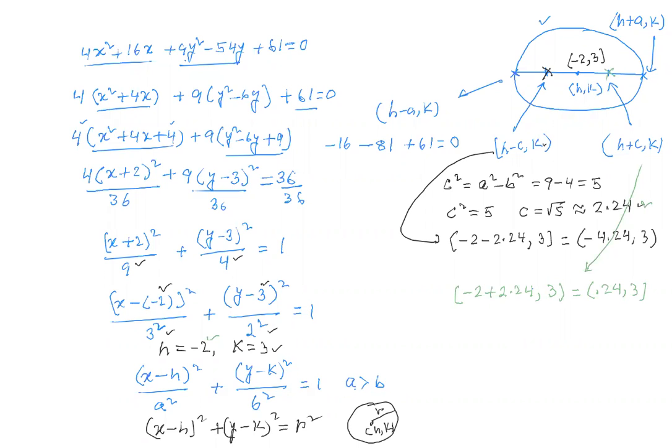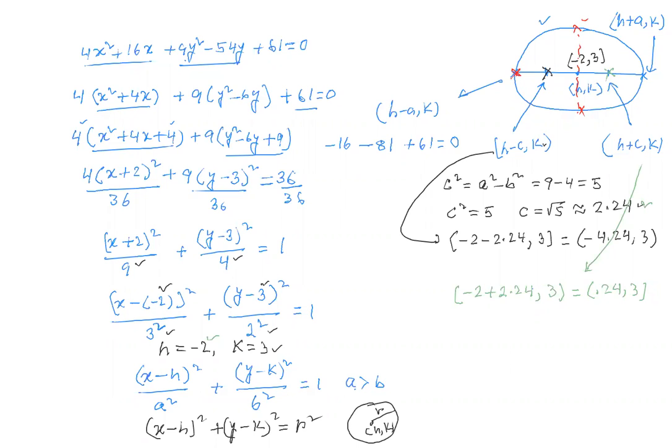Now let's find the next point. So left vertex, okay, and there's another vertex here, another vertex here. These are called co-vertices. This is called just the vertex, the bigger axis. So this is the bigger axis, and then there is the smaller axis for an ellipse.